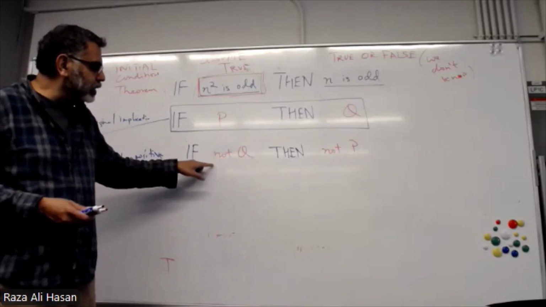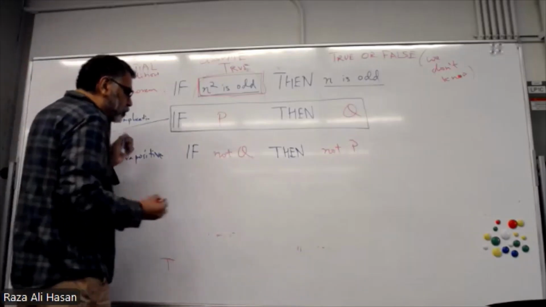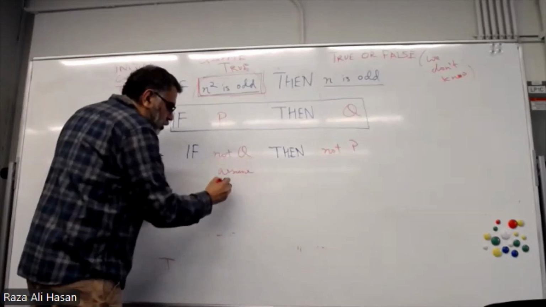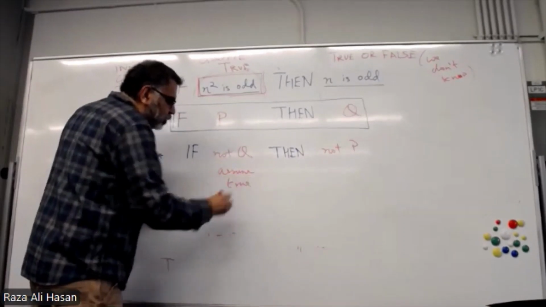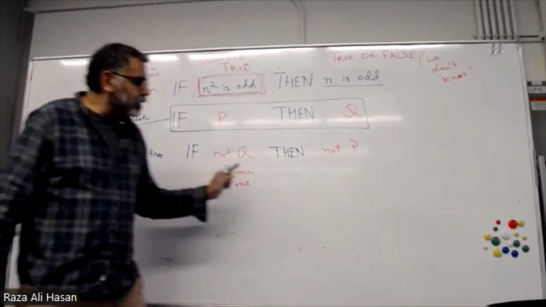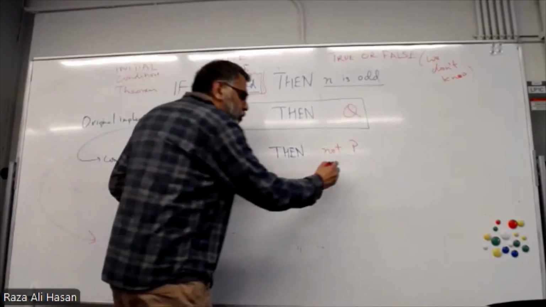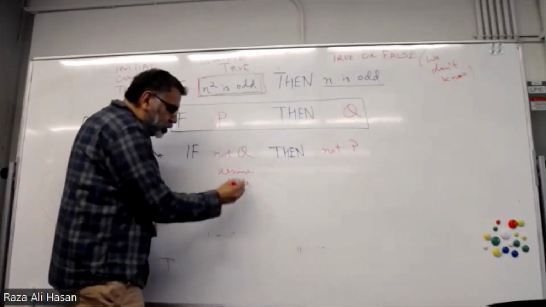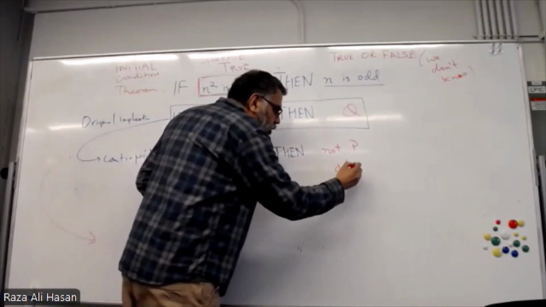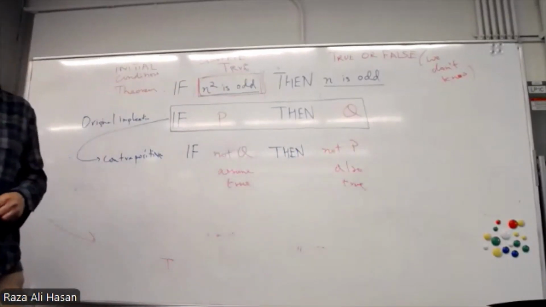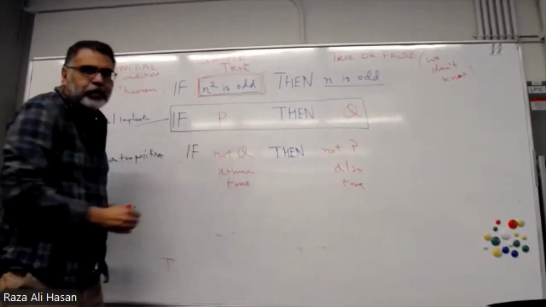And so in this case, we will assume this to be true and see if this is true, it implies that this is also true. If we assume this to be true, this is also true, because that's still up in the air. And if it is true, then this whole implication is true.